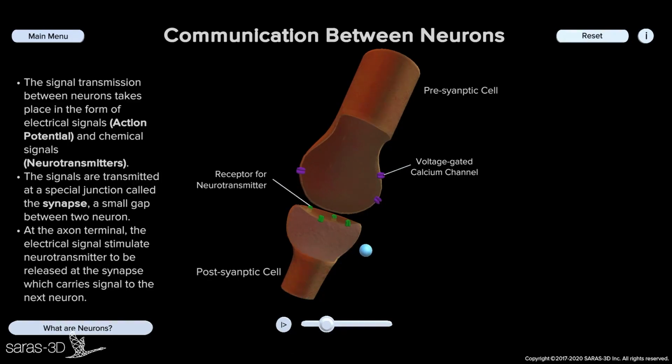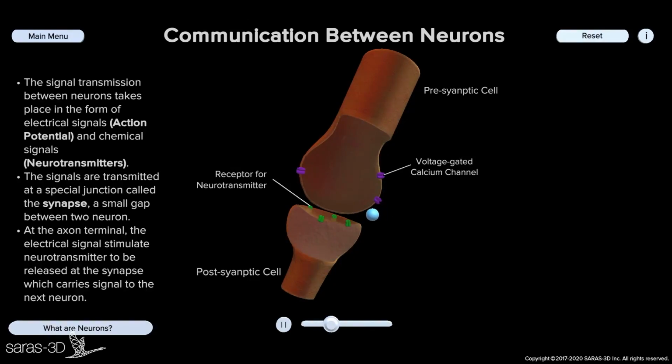So as you can see, the presynaptic cell has the synaptic knob, which is communicating with one of the dendritic appendages of the next neuron. Also, the dendrites of the next neuron have the receptors which we had discussed before, which would take up the signal coming from the neuron above.